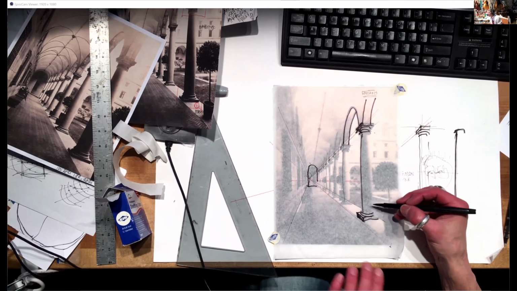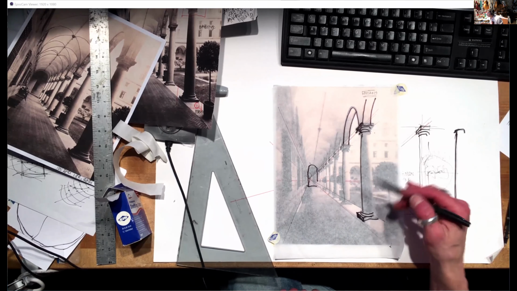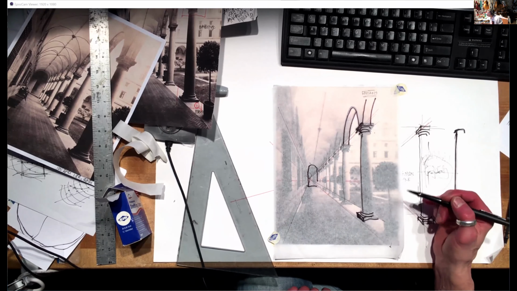I'm just adding the marks for contrast, just so that you guys can see what I'm doing. You may want to keep this as clean a line drawing as possible.